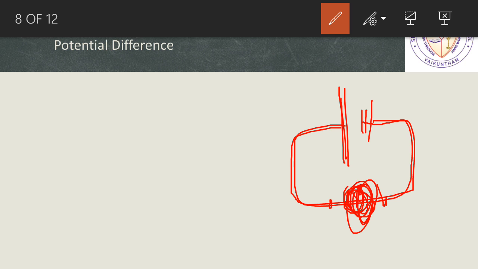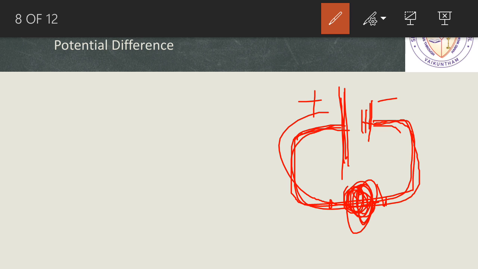Due to the presence of this battery, the charges will get pumped up. They start to move from one terminal to another. The electrons move from negative to positive, and when they start to move, the electric current will be present.